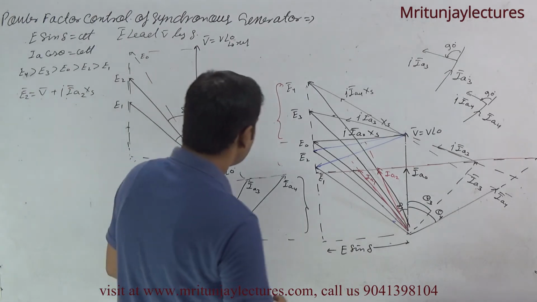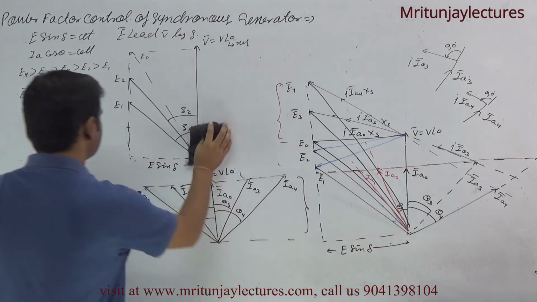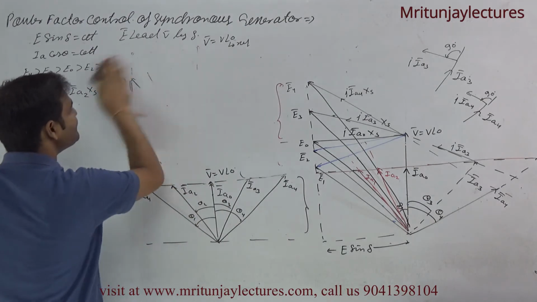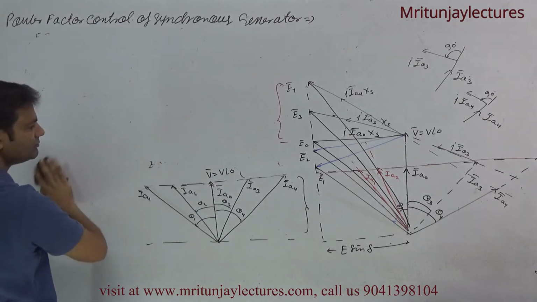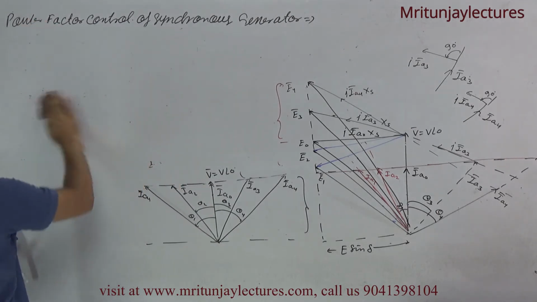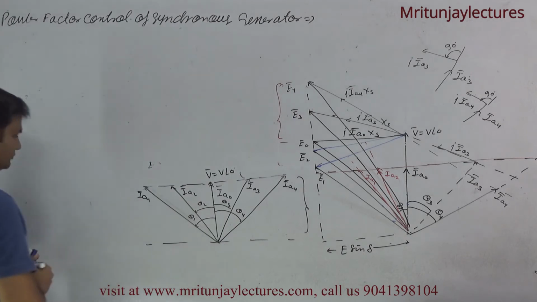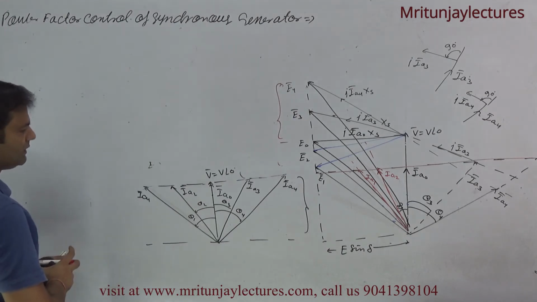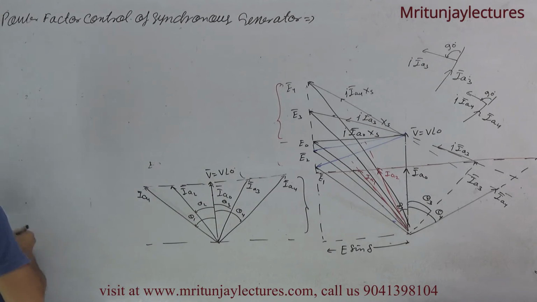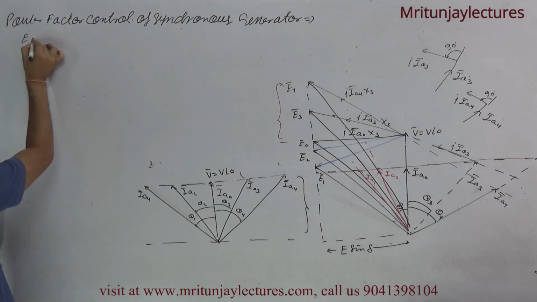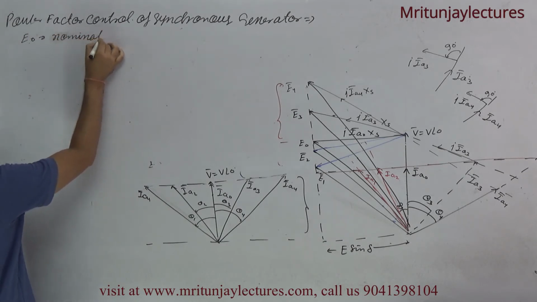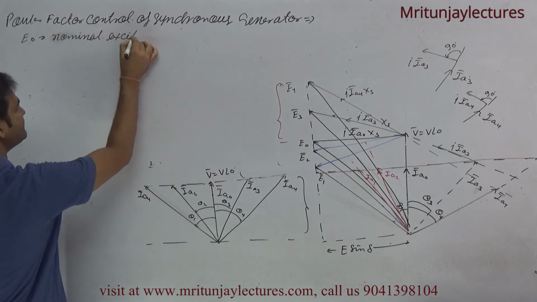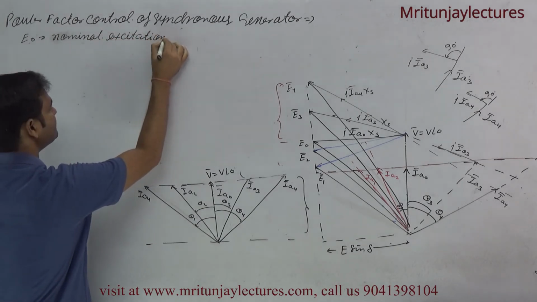E0 is the nominal excitation voltage, or EMF. What about E0? This one is called nominal excitation EMF.